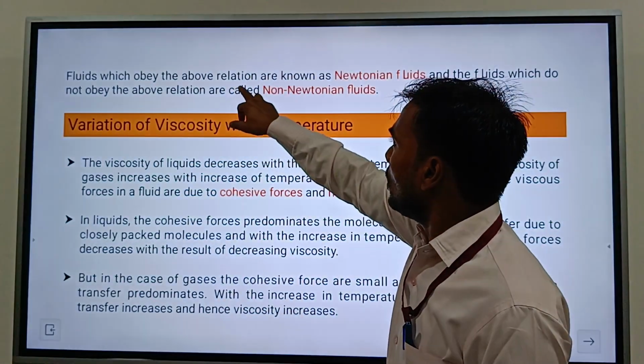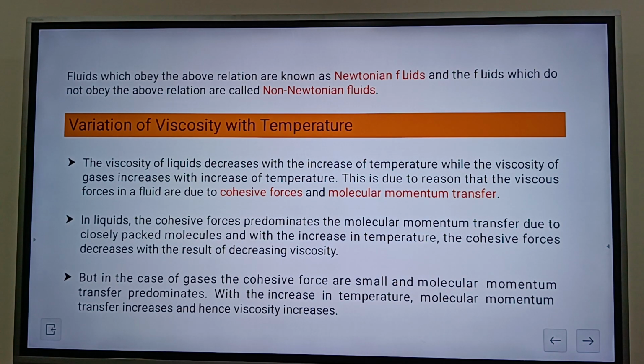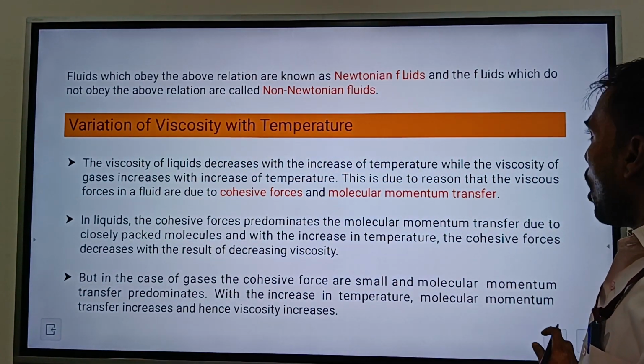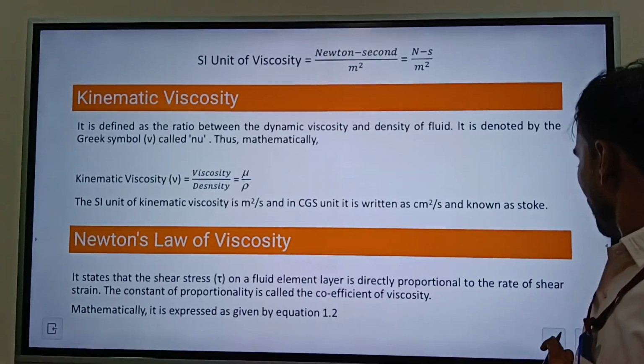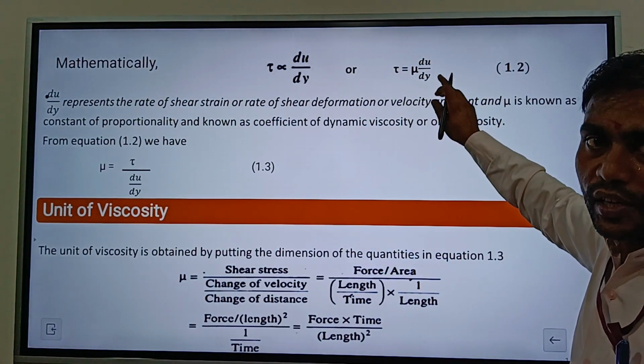Fluids which obey the relation are known as Newtonian fluids. So all the fluids which follow the rule, that is tau is equal to mu du by dy, are known as Newtonian fluids.